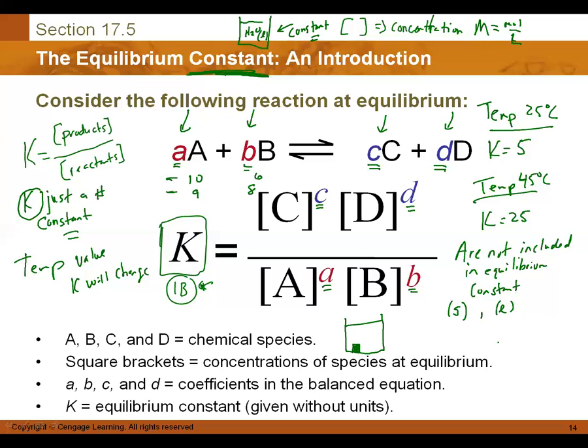And when you do, you will actually get something that is now aqueous, which is included in the equilibrium constant. And gases are also included. So when you do the equilibrium expression, or the K, these are really the only things that should be included.